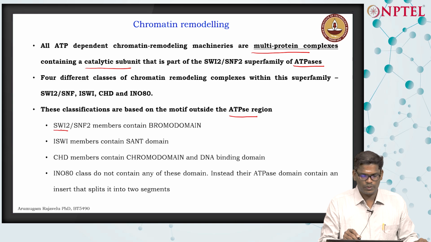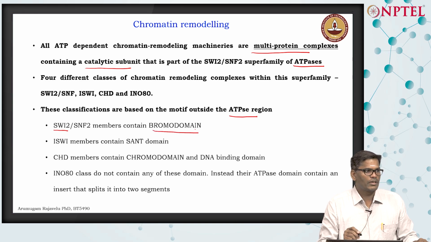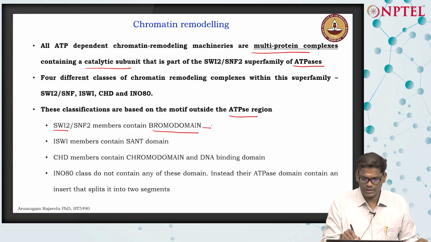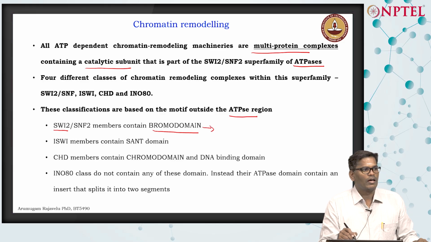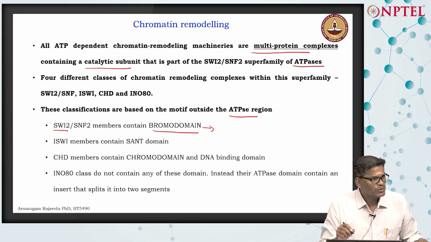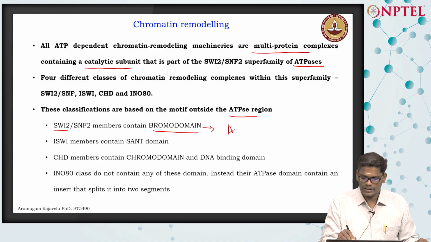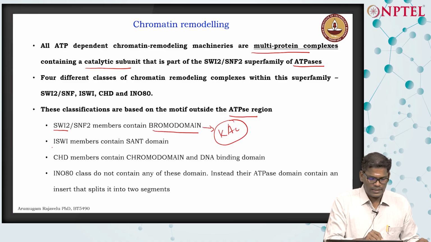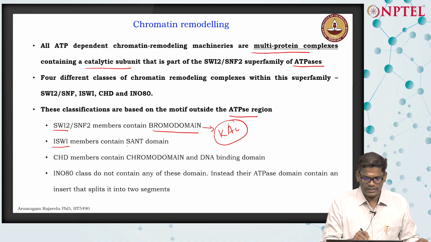ISWI or SNF2 members largely contain the bromodomain. It is nothing but a protein region within the protein which has a specialized module with the ability to bind to acetylated lysines, which we will see in detail. And then the ISWI member has a SANT domain.